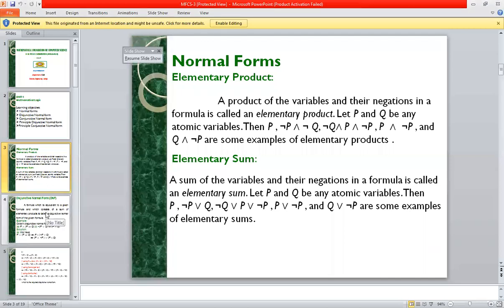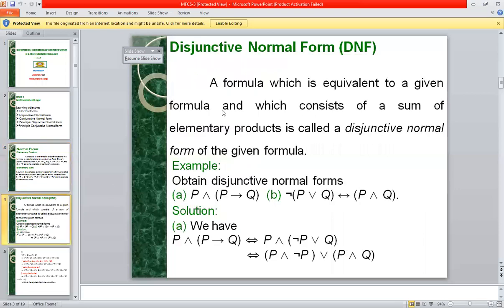Next one, disjunctive normal form. The shortcut form is DNF. So what is disjunctive normal form? A formula which is equivalent to a given formula and which consists of a sum of elementary products is called a disjunctive normal form of the given formula.